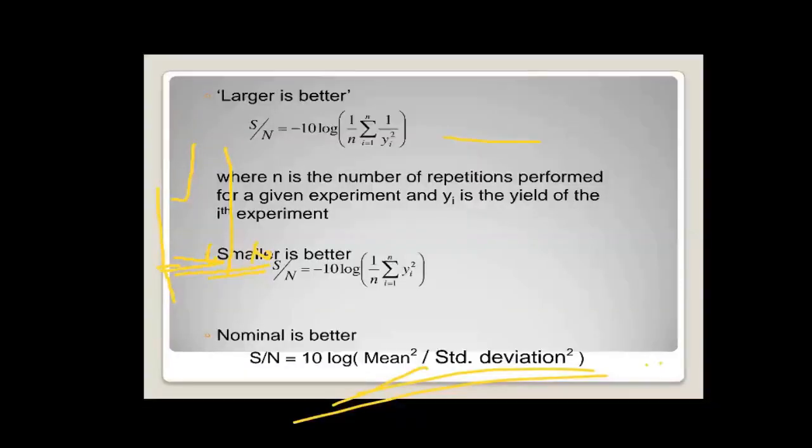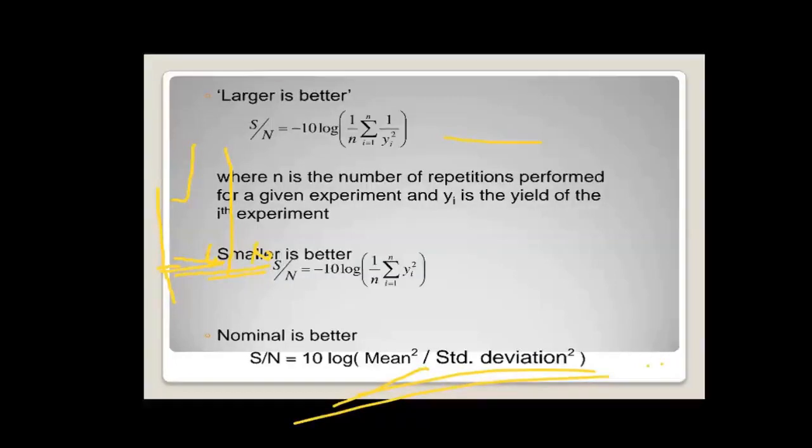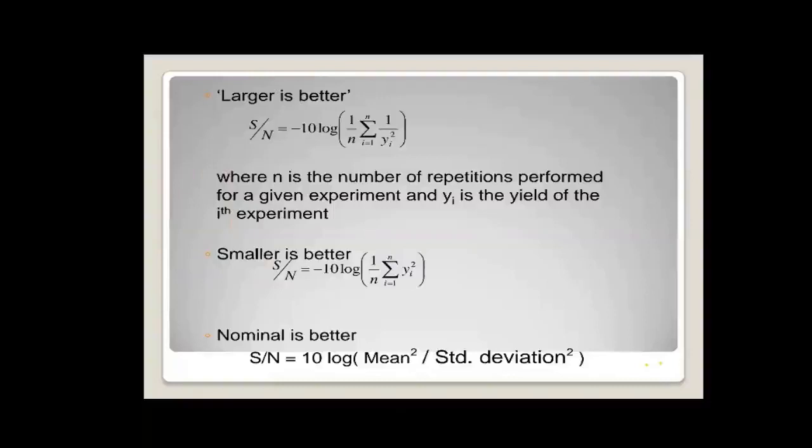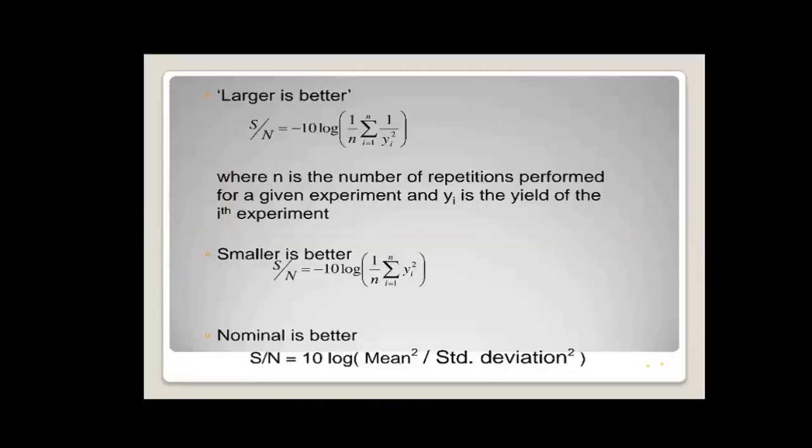Again, terminologies. Before going to a simple case study, we should know there are three basic terminologies. First one, larger is better. Now, for example, my output is material removal rate.